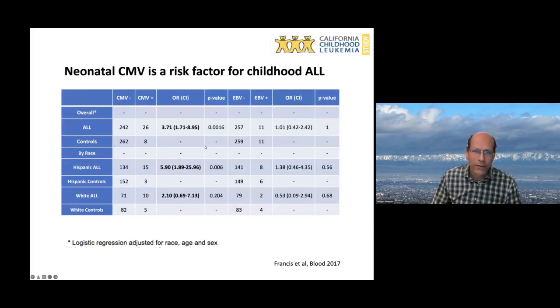What we found is that children who grow up to get leukemia are much more frequently positive for CMV at the time of birth, indicating that there is a vertical transmission from the mother. And here is a control. We looked at Epstein-Barr virus, which is associated with other hematologic malignancies, but does not seem to be involved here for lymphocytic leukemias.